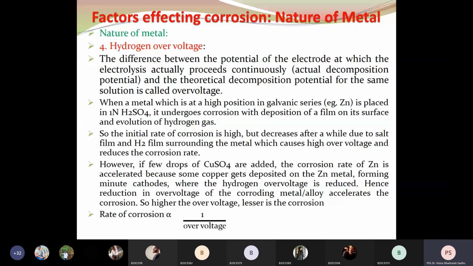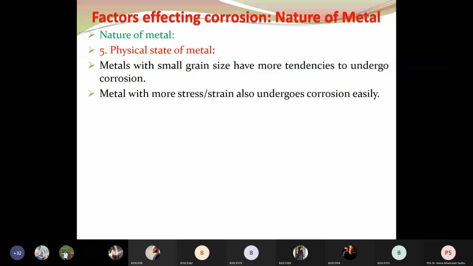Another type is the physical state of the metal. The physical state of the metal also indicates the corrosion levels. For metals with small grain size, the surface area is higher, so more surface is available for attack, and it will undergo more corrosion.